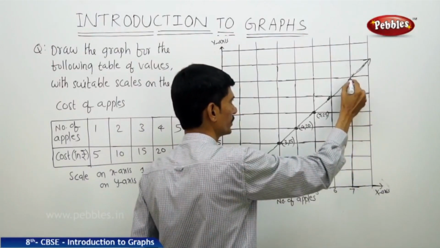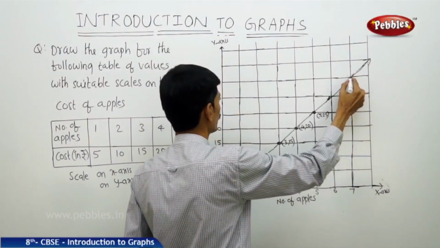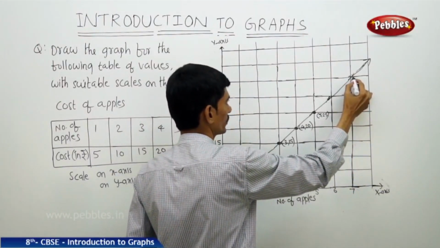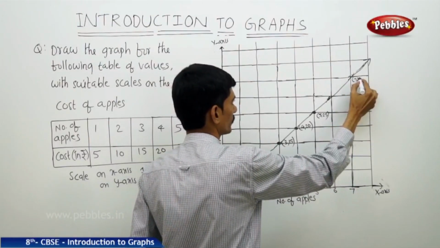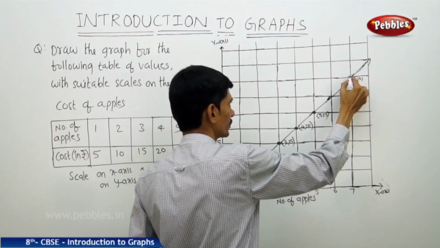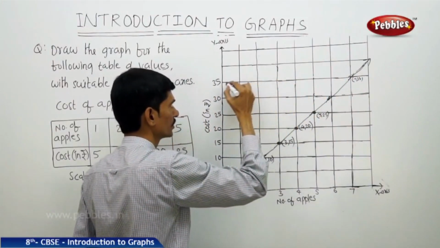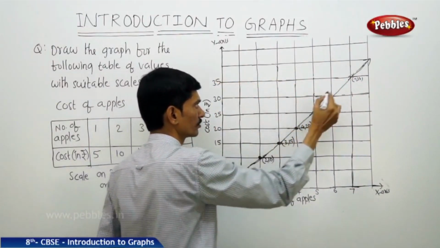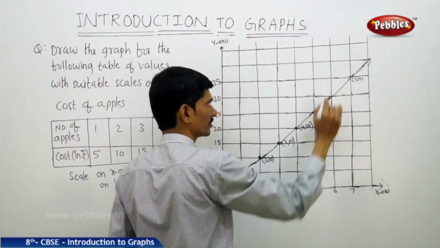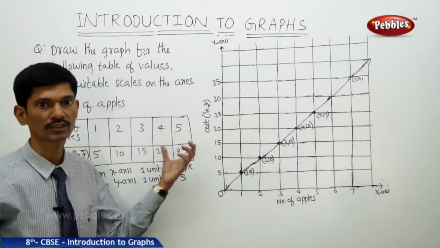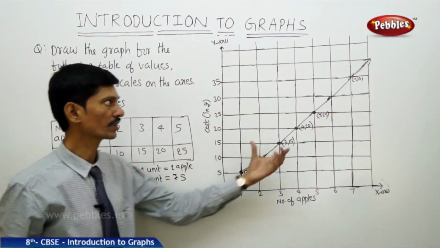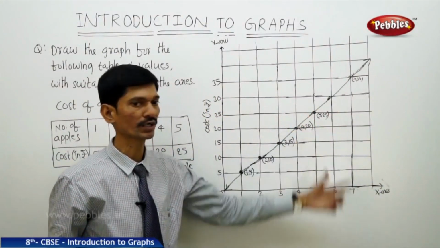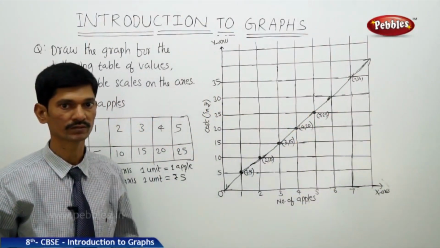This vertical line meets the line at the point 7, 35. From this point draw a horizontal line till it intersects the y-axis. So this is 35. The cost of 7 apples is 35. Of course, it is not given in the table, but from the graph we can find the cost of any number of apples.